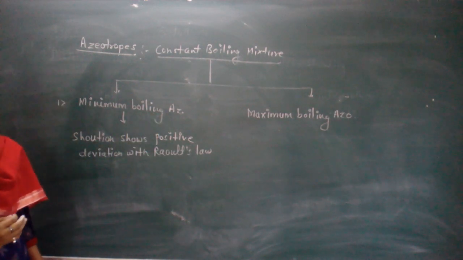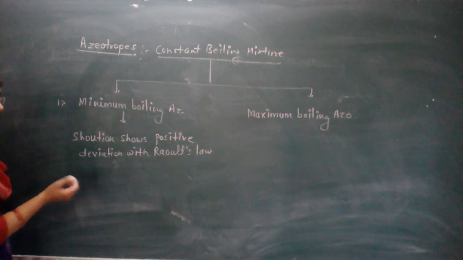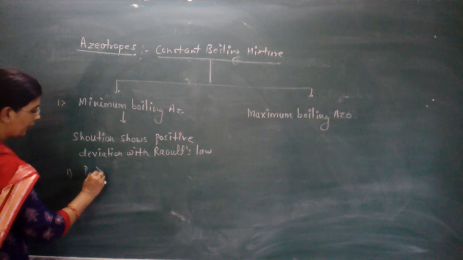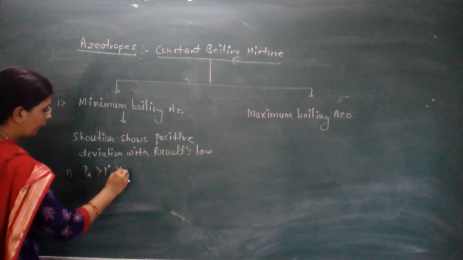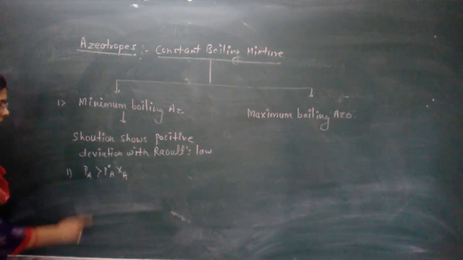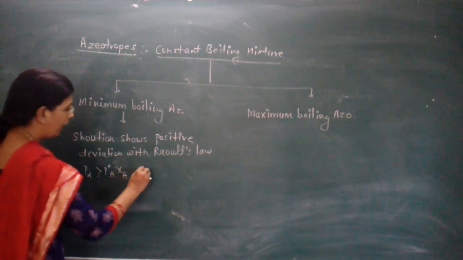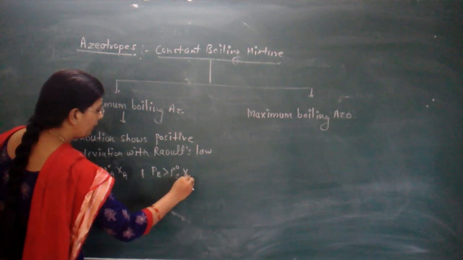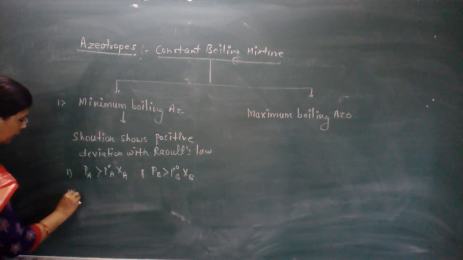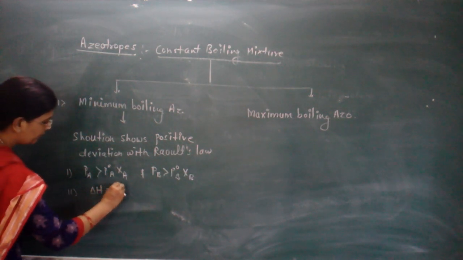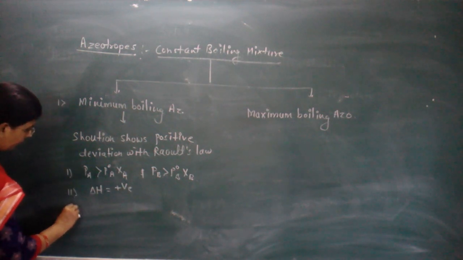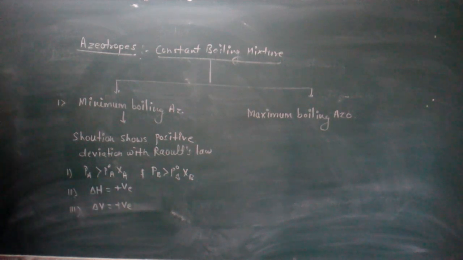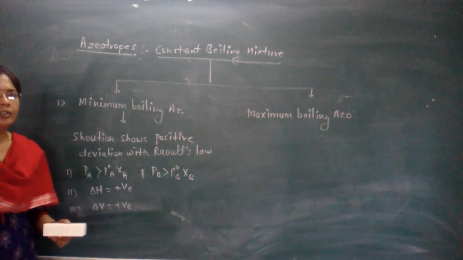And when the solution shows positive deviations from Raoult's law, three conditions same. Then the vapor pressure of solvent is greater than the expected vapor pressure of Raoult's law, that PA is greater than P naught A XA, and PB is greater than P naught B XB. And second condition same, enthalpy increases and volume also increases. So such type of solutions form the minimum boiling azeotropes.